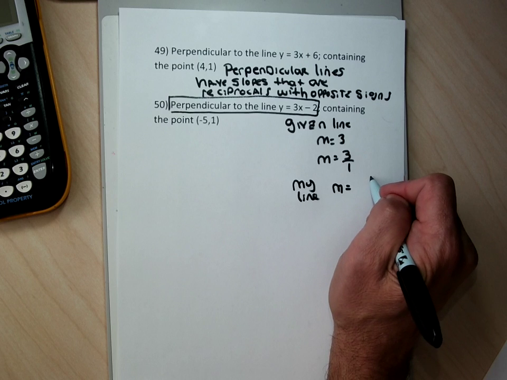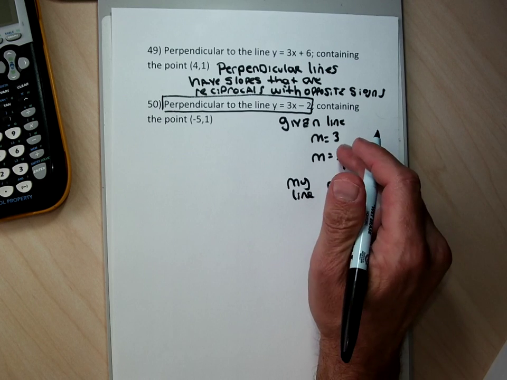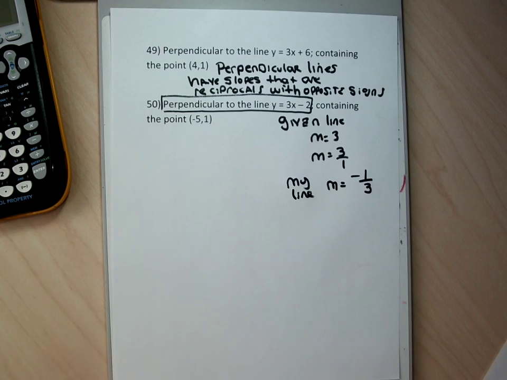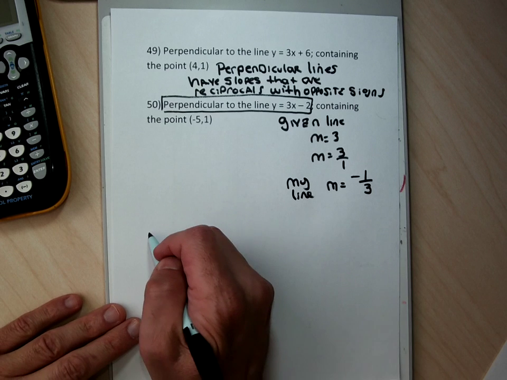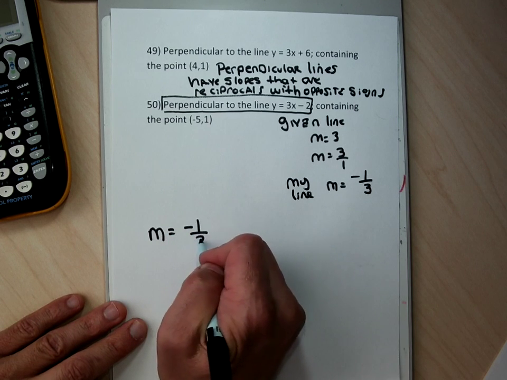The reciprocal of 3/1 is 1/3 with opposite signs. This has a positive slope. My line needs to have a negative slope. So if you're given the equation of a perpendicular line, you're going to find its slope, take the reciprocal, and flip the sign. That will be the slope of the perpendicular line. So now for my equation, my slope is going to be negative 1/3.